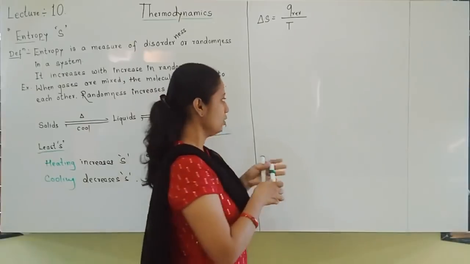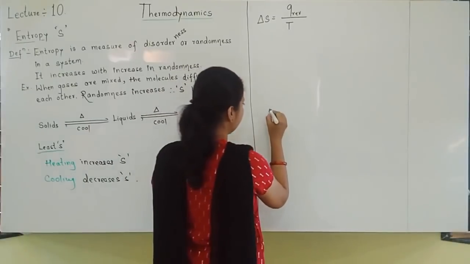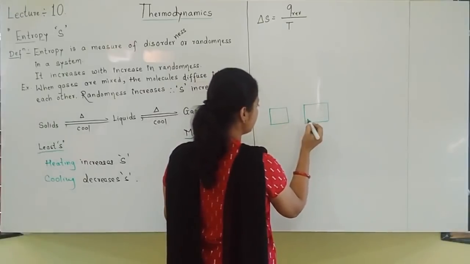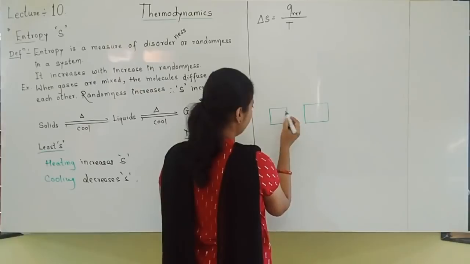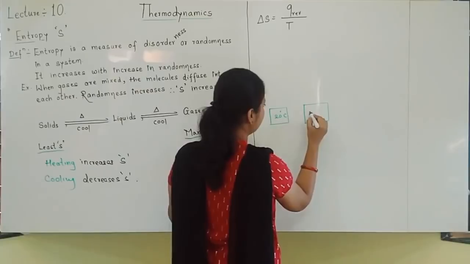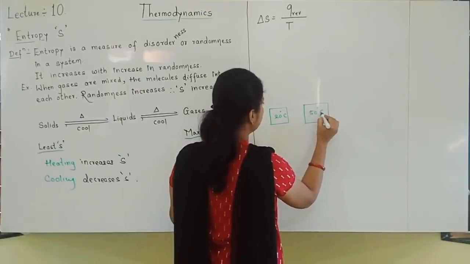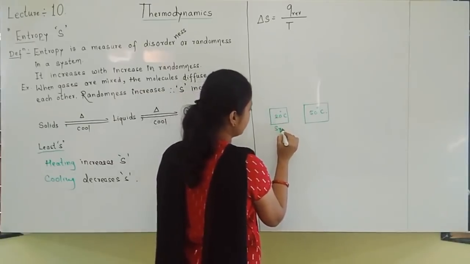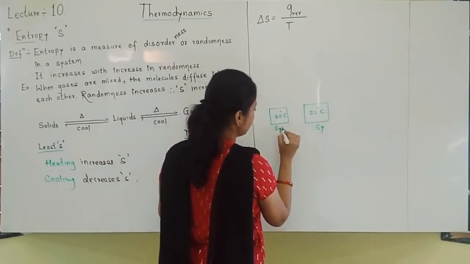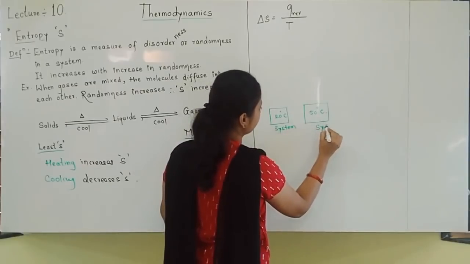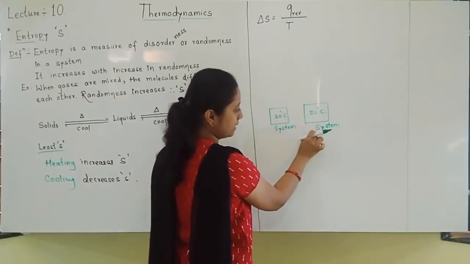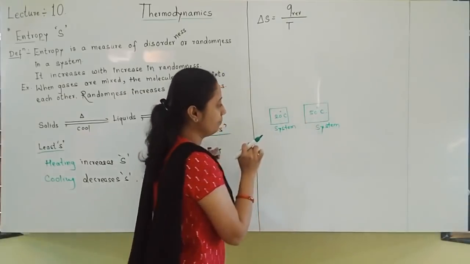Now imagine that we have two systems. One system is at 20 degrees temperature. Another system, imagine, is at 50 degrees Celsius. This is the system at lower temperature, and this is the system at higher temperature.